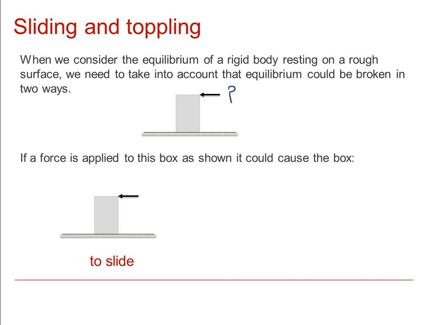So we then have the weight mg and the normal reaction here, but the pushing force here is going to overcome the frictional force which is acting so that it will slide along the ground. However, if the frictional force isn't overcome, then what happens is that we'll get a turning moment about this point, and so the object will begin to topple.